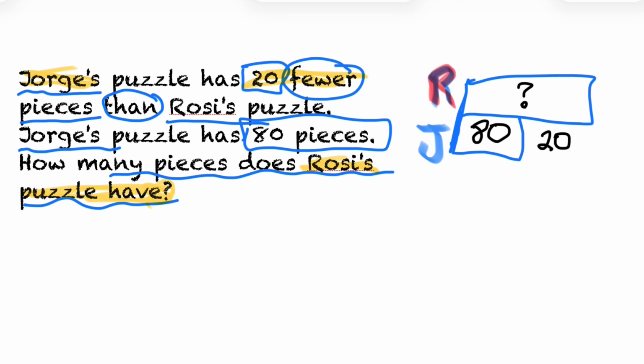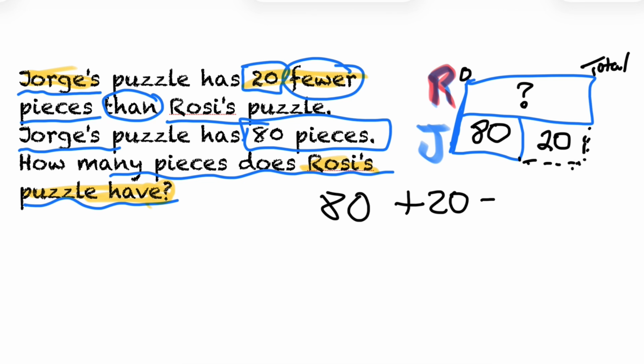So our number sentence is in the part plus part section, and we're missing the whole. How many in all, from 0 to total? So I'm going to add 80 plus 20.